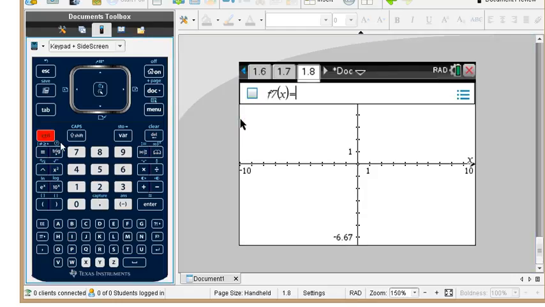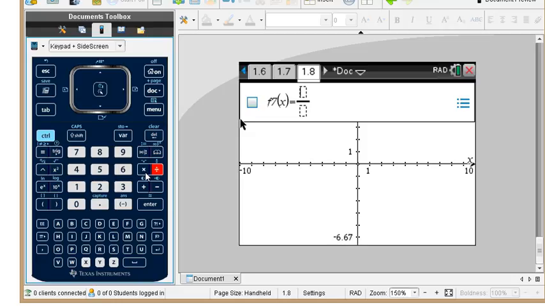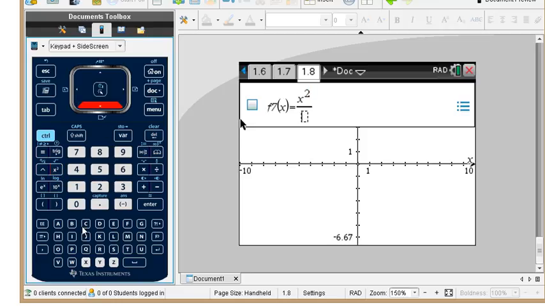Okay, Control, and we have x squared over x times quantity x minus 1 times quantity x plus 3.